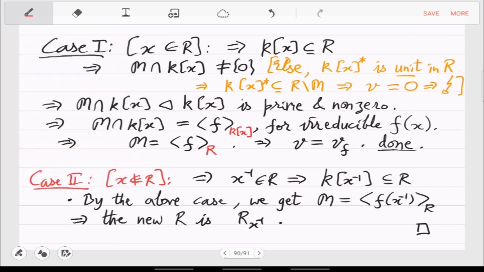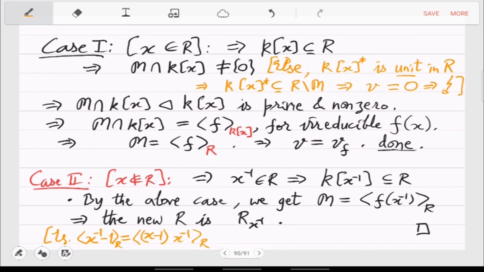We are looking at, let's say, X inverse minus 1, which is X minus 1 times X inverse, and we are looking at this ideal. Now X inverse is in R, so X is not in R, but you are claiming that X minus 1 is a unit in R.